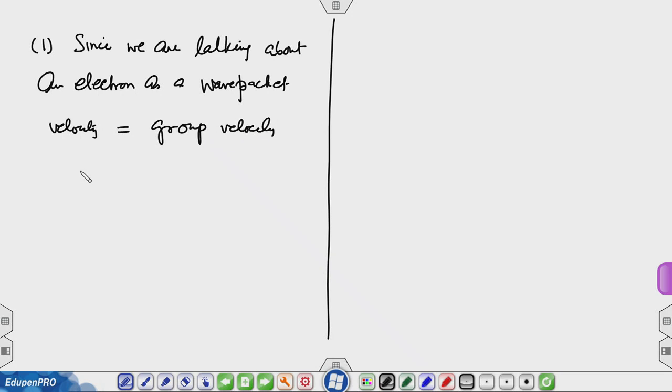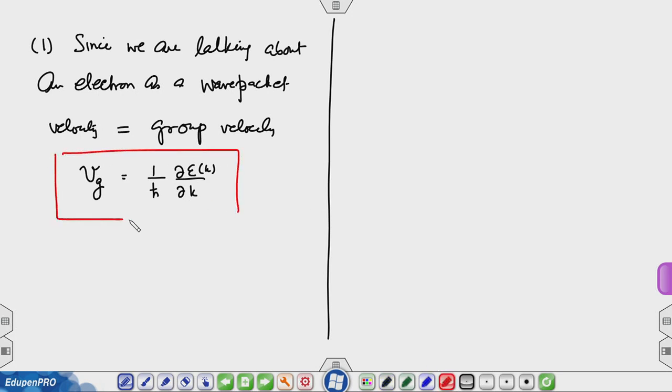So, the velocity of this wave packet will be given by V g, which is equal to 1 over h cross d E d k, and it is not equal to h cross k by m. This is incorrect. We will be talking about group velocity, that only makes sense.